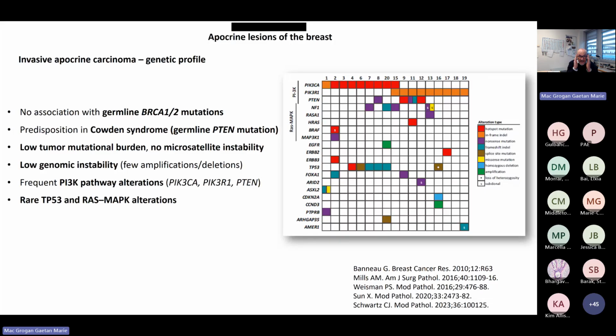There's a low tumor mutational burden, no microsatellite instability, no genomic instability, that means few amplifications and deletions. There are frequent PI3K pathway alterations concerning PIK3CA or PTEN, and there are rare TP53 and RAS MAPK alterations.